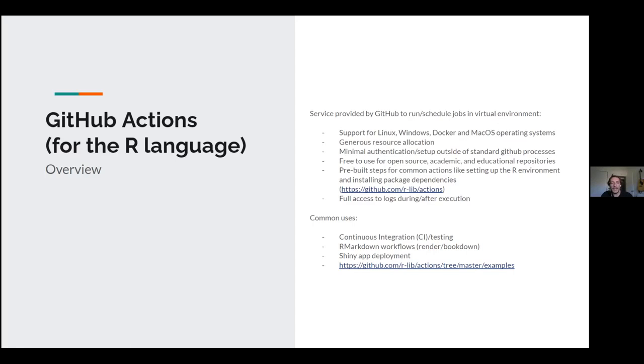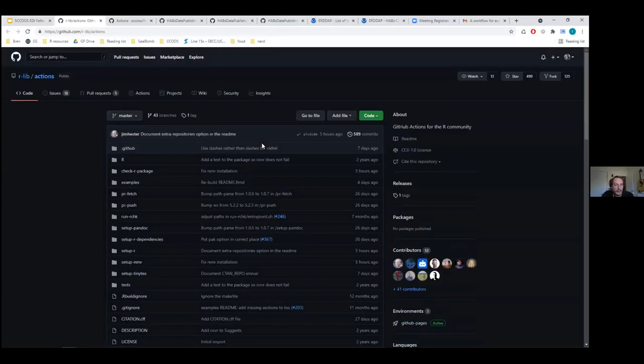And there's a lot of support, even for the R language, for some common actions like setting up R in this virtual environment where you're going to be running these scripts, or installing package dependencies, things like that. There's a whole list. Actually, I'll take a quick look here.